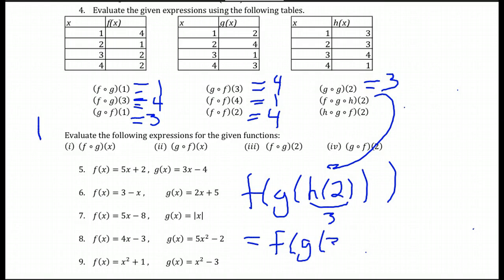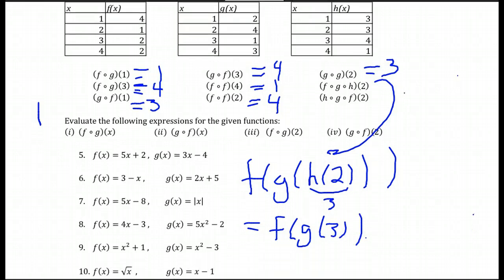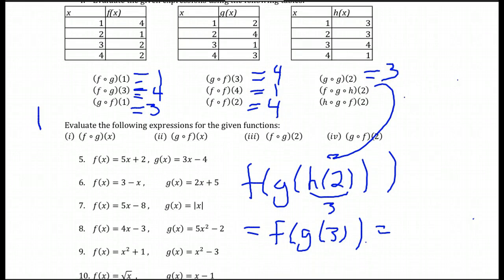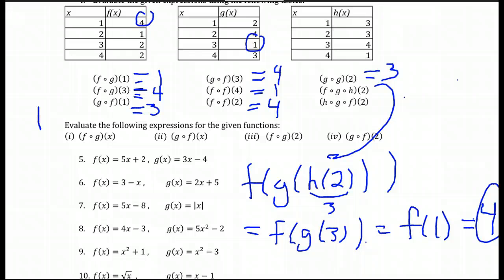So now we're really trying to figure out f of g of 3. Now find 3 in the x column for the g table. The output is 1, so now we're trying to compute f of 1, and we know that is 4. So f of g of h of 2 is, finally after all that, 4.